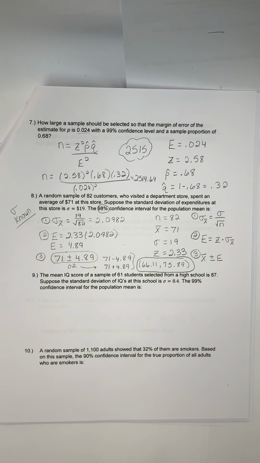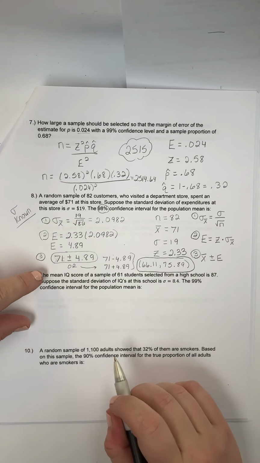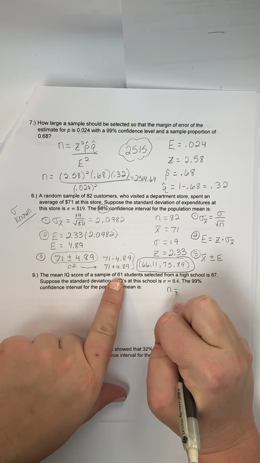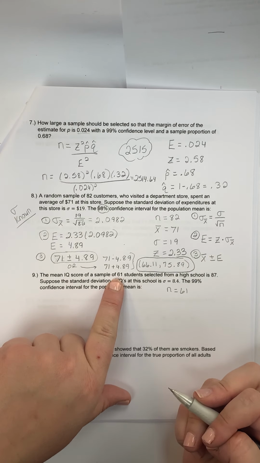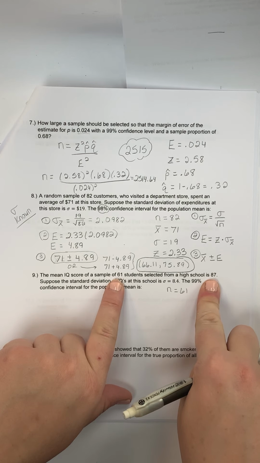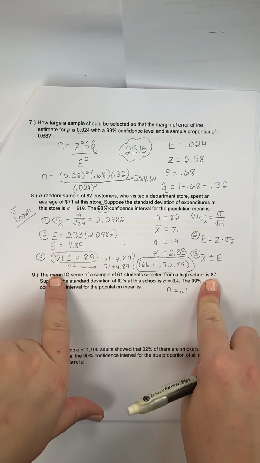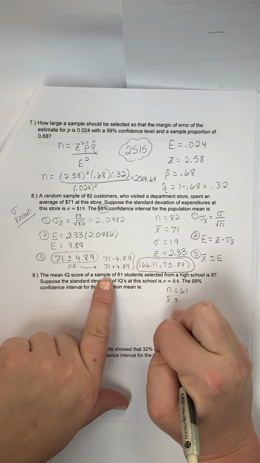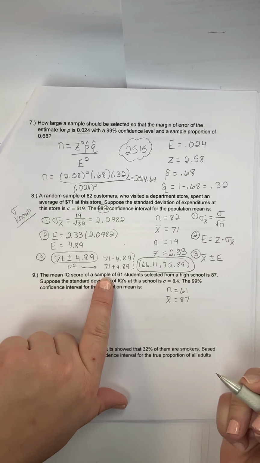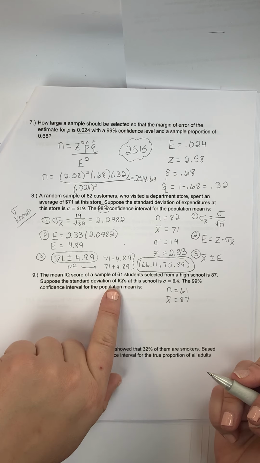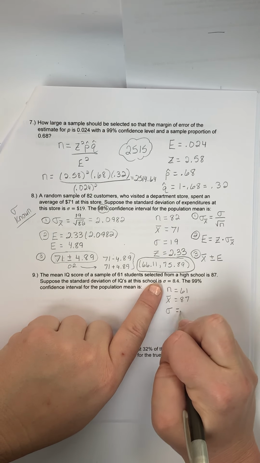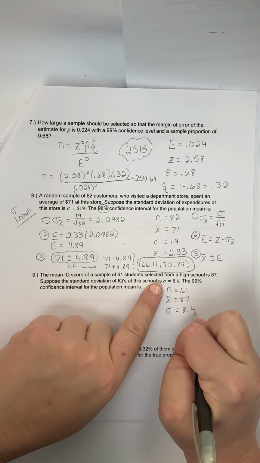All right, let's try another. The mean IQ score for a sample of 61 students selected from a high school is 87. What's 87? The mean score of a sample. That's X bar. Suppose the standard deviation of IQs at this school is sigma equals 8.4.